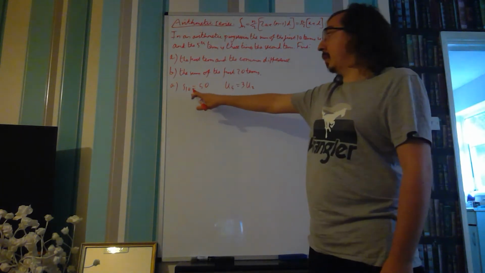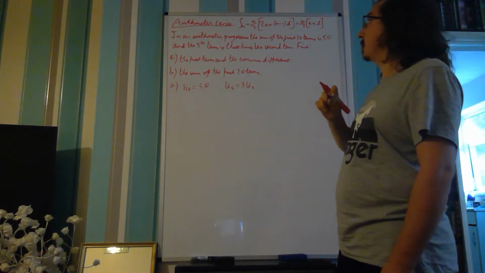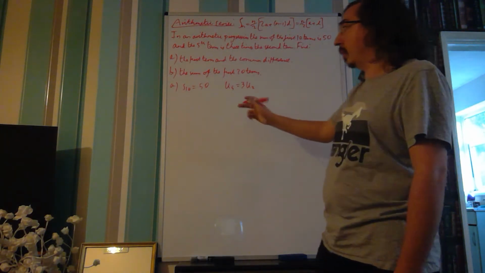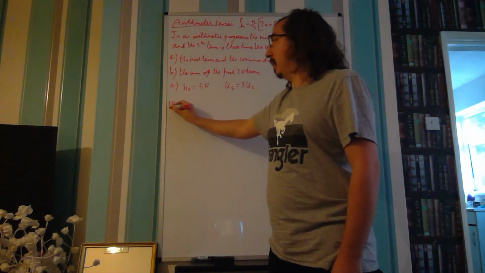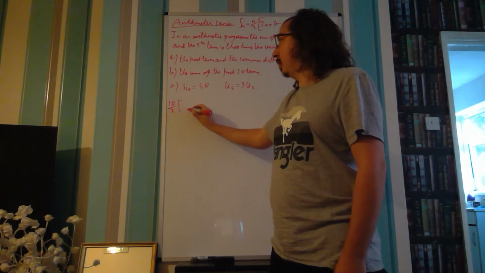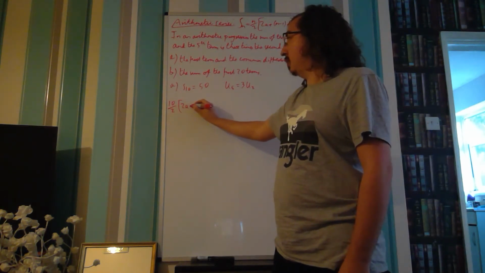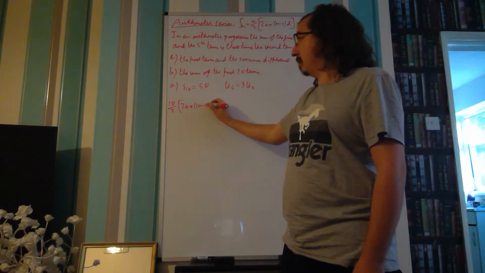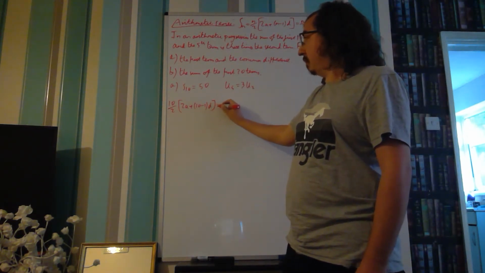Looking at the first part, for the sum of the first 10 terms, if that's equal to 50, let's substitute and use the formula. We have 10, which is our number of terms, over 2, times 2a plus n minus 1, so in this case 10 minus 1 times d.